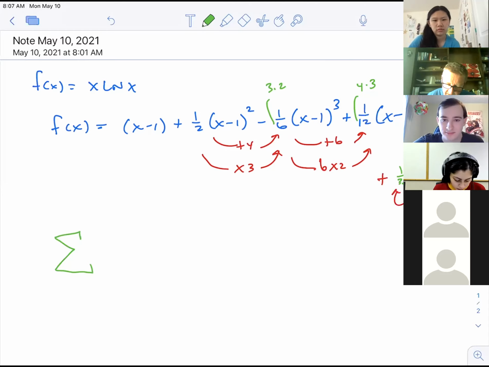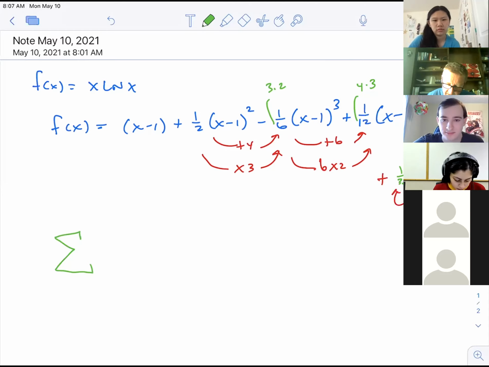So let's see. I'm going to say x plus 1 minus 1. So I'm just going to type out the sigma that we just did a minute ago. I hope I can do this in this world. I've done sigma in this world, haven't I?